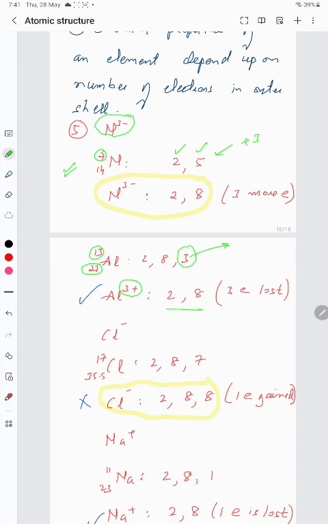Then come to Cl negative. Before that, first draw the structure of neutral chlorine, which is 17 and 35.5. The electronic configuration is 2,8,7, and since it is negative, one electron is gained. So the resulting electronic configuration is 2,8,8.